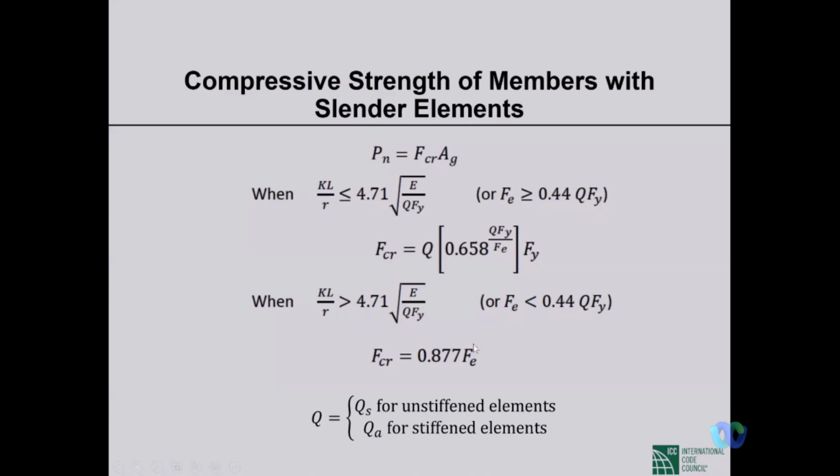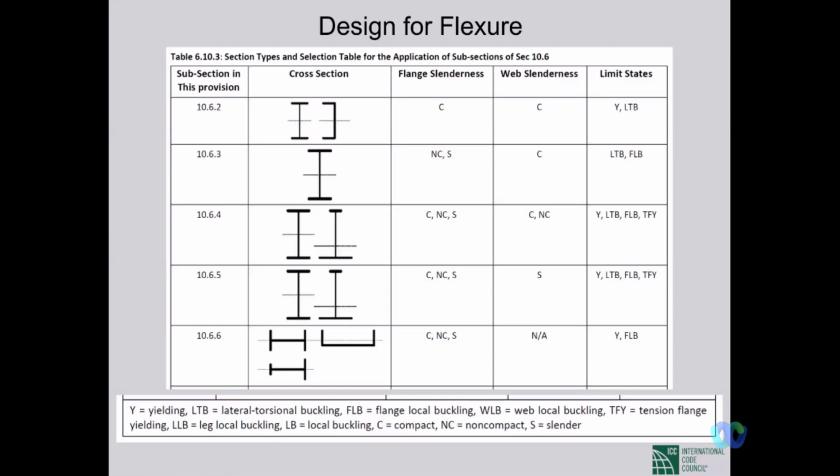The value depends on if the element is a stiffened element or an unstiffened element. We are talking about slender elements, and there are different formulas for this value of Q. So it reduces the stress, but the amount of reduction depends on if it is stiffened or unstiffened. And basically it depends on B by T and H by TW ratios.